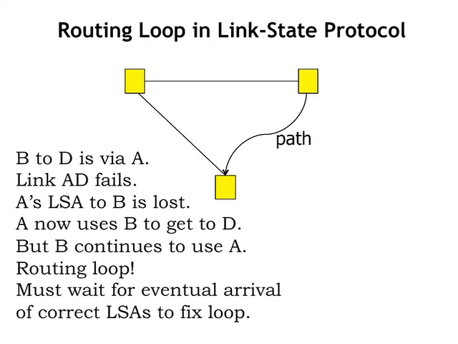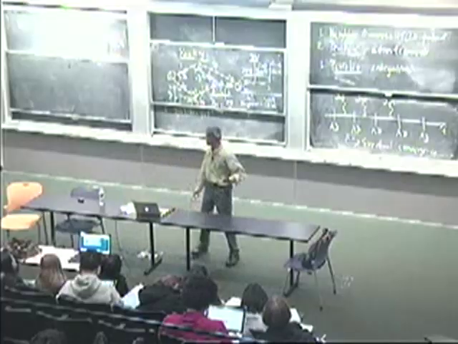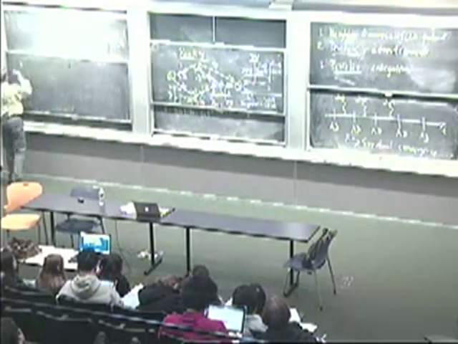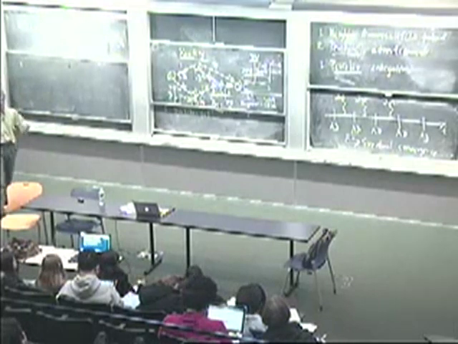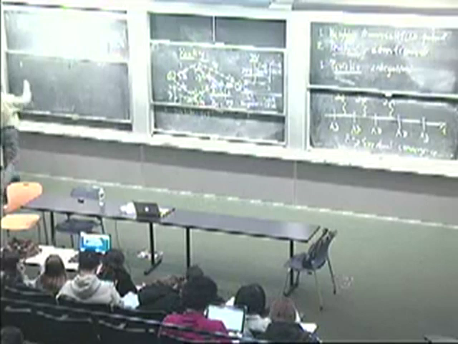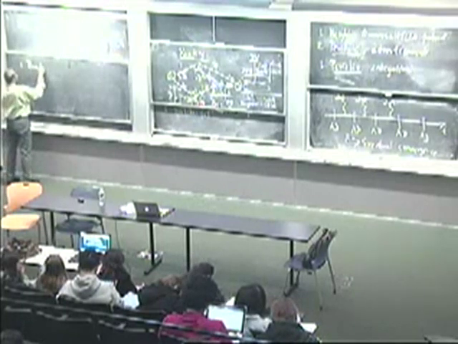This is the simplest example of a general phenomenon called a routing loop. So during the process of route convergence, various kinds of pathological conditions can happen, and one of them is a routing loop.